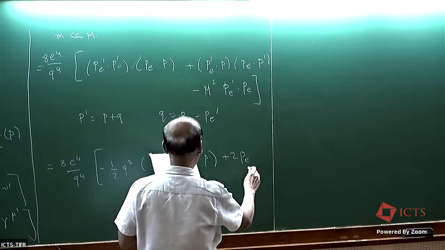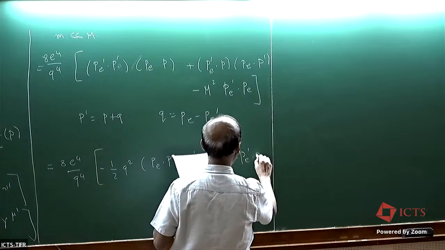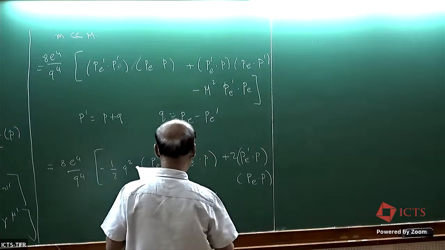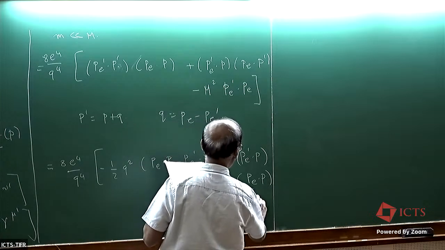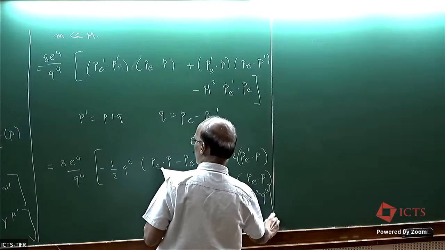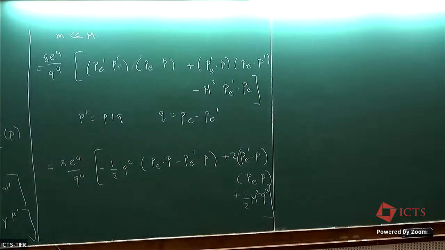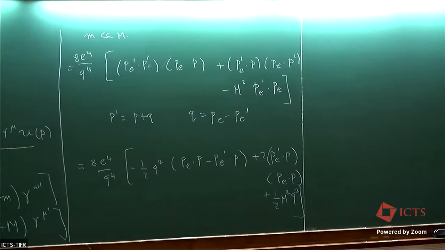Not because I want to write some algebra on the board. So something like this, plus half of m square q square. This is just substituting the momentum conservation. There is a momentum conservation that you can take p plus q equal to p prime. That is what I've written here, because this q coming here, added with this p, will give you this p prime.